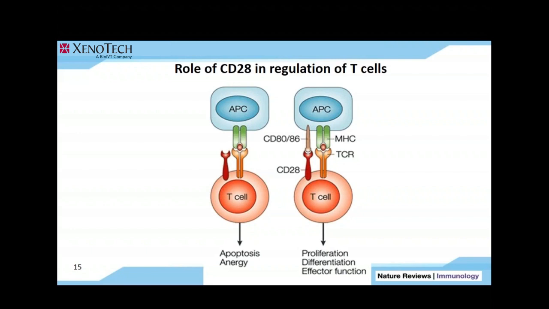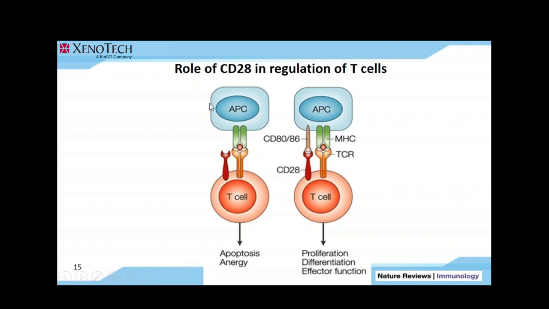TGN-1412 antibody was an agonist of CD28, mimicking the action of the receptors CD80 and 86 on antigen-presenting cells. When antigen-presenting cells are not adequately stimulated by neoplastic cells, tumors may evade detection and destruction by the weakened immune system.